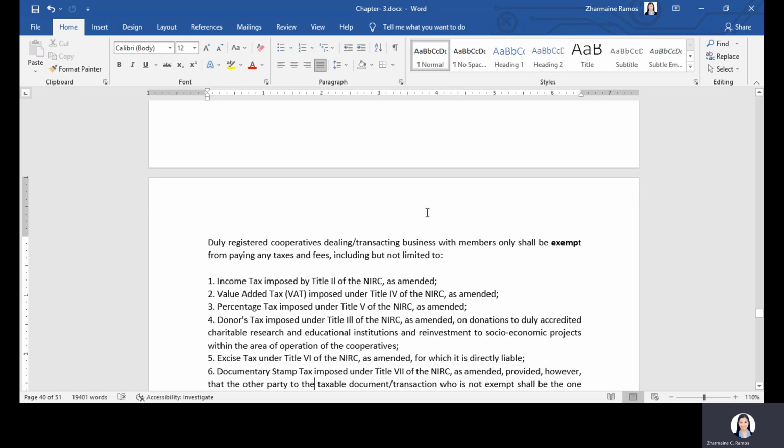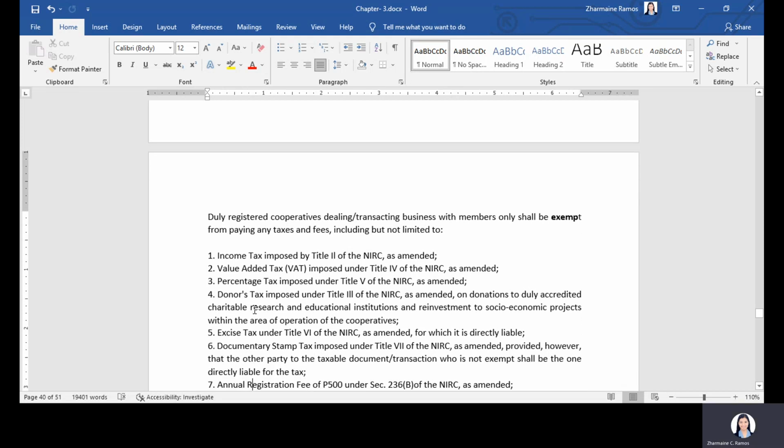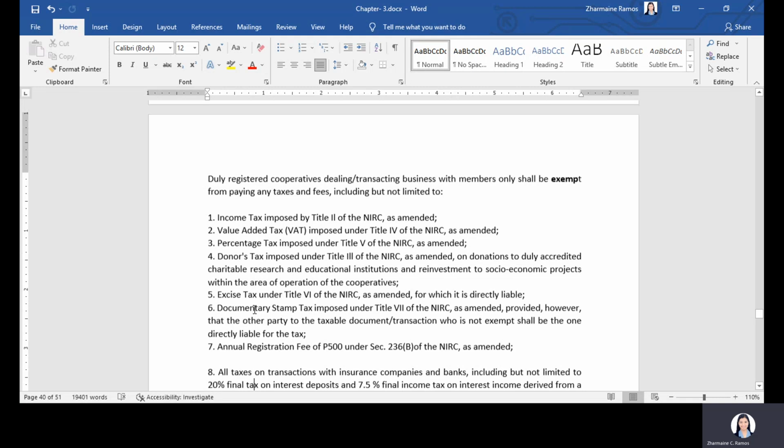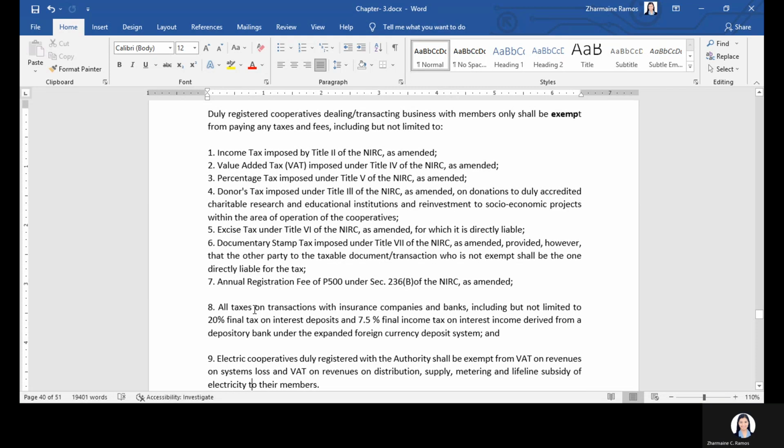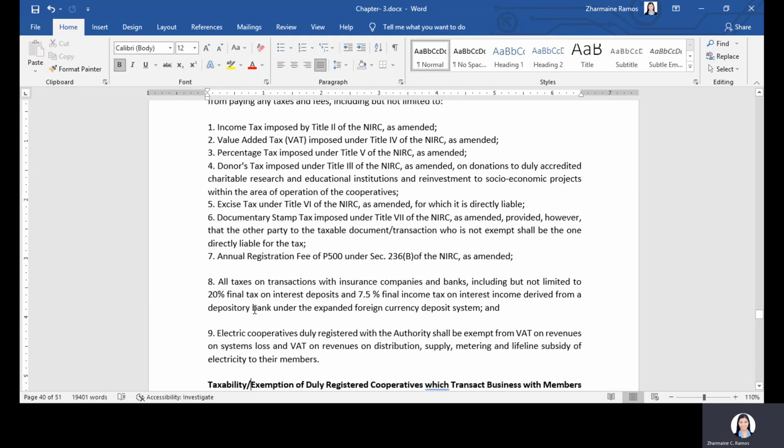Hindi sila nagbabayad kasi tax exempt sila for income tax, value added tax, percentage tax, excise tax, documentary stamp tax, and fees, and all taxes on transactions with insurance companies, electric cooperatives.